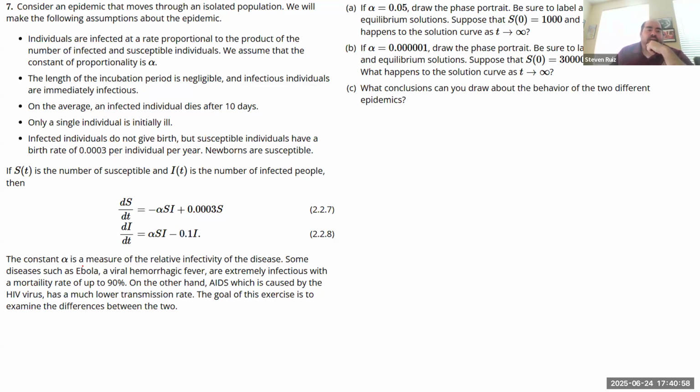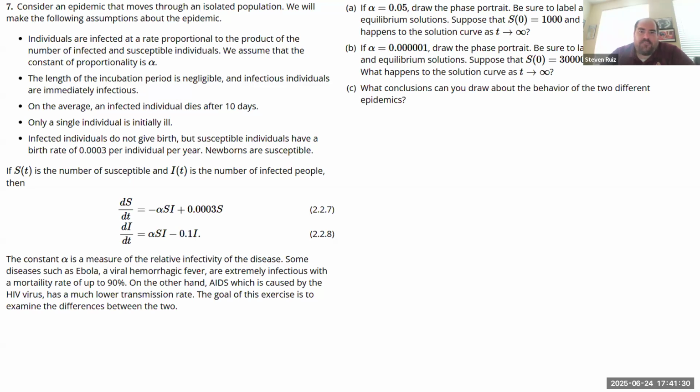The constant alpha is a measure of the relative infectivity of the disease. Some diseases, such as Ebola, are extremely infectious with a very high mortality rate. On the other hand, AIDS, which is caused by the HIV virus, has a much lower transmission rate. Both Ebola and AIDS, well, not so much AIDS anymore. We've made a lot of advancements there, but there was a time where both of these diseases were effectively death sentences.